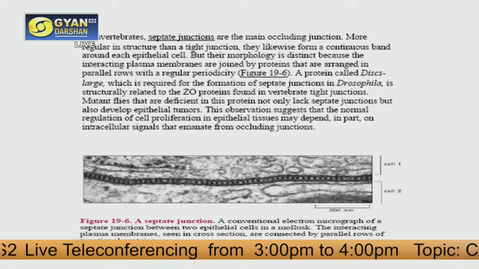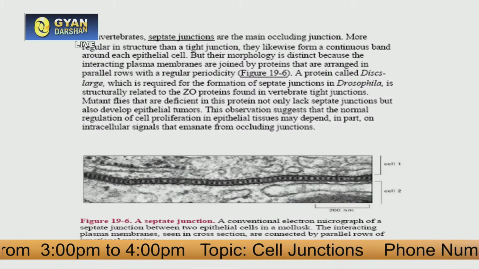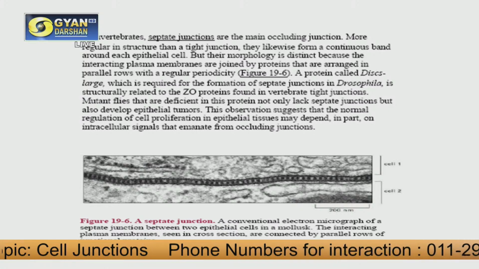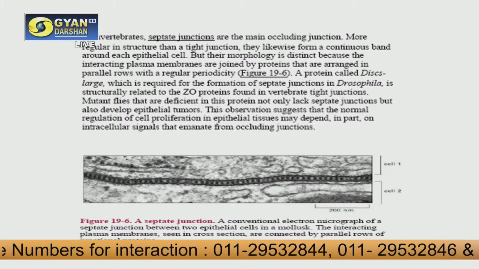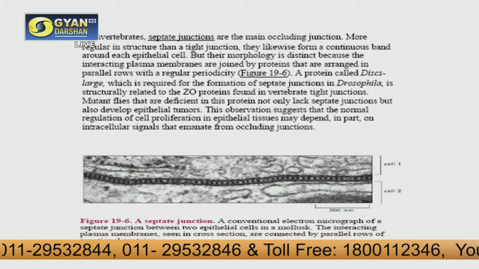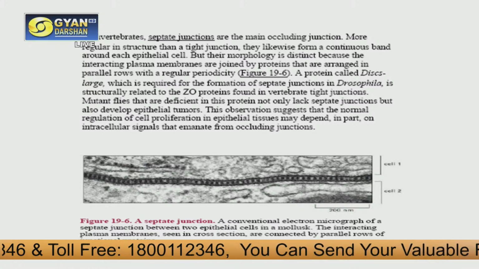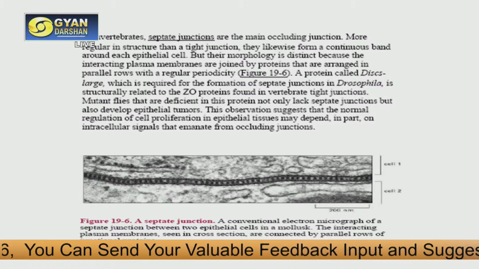Now, as I said, in invertebrates we do not call them tight junctions. There we use the term septate junctions. For example, Drosophila is an insect and an invertebrate. Here, people have examined the junctions and named them septate junctions.